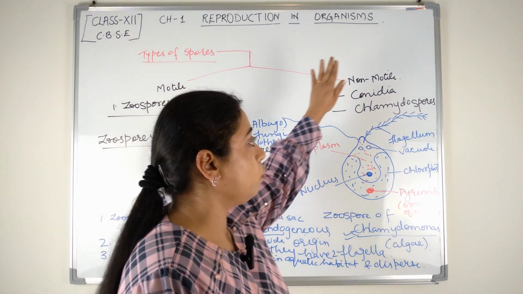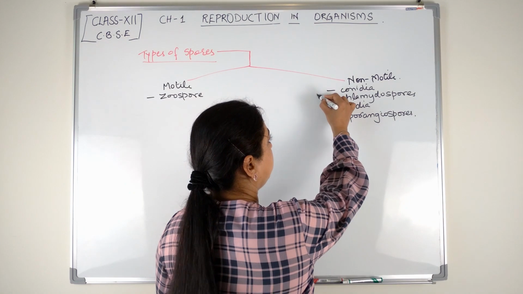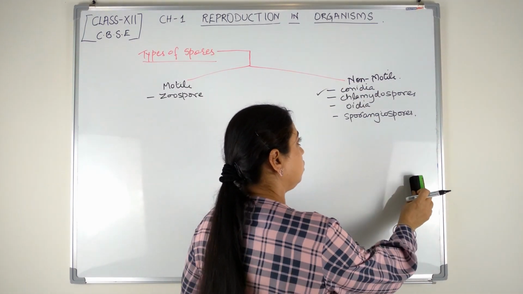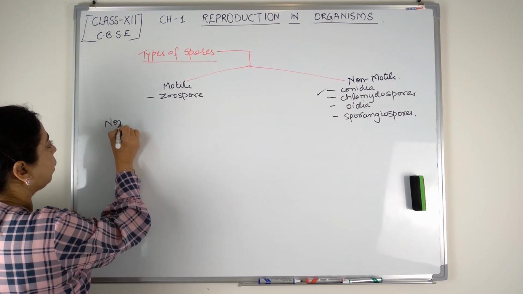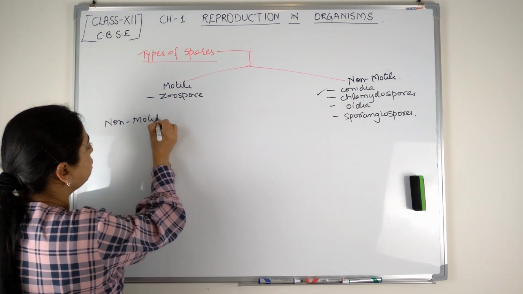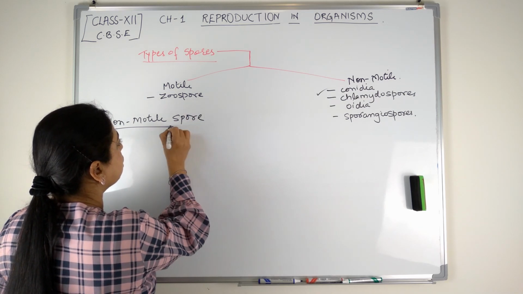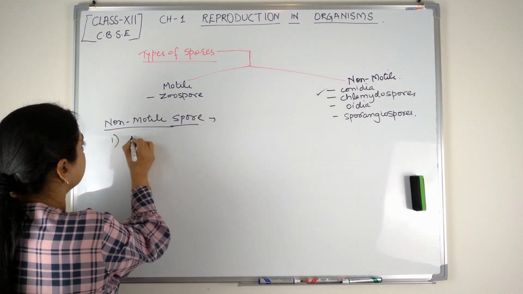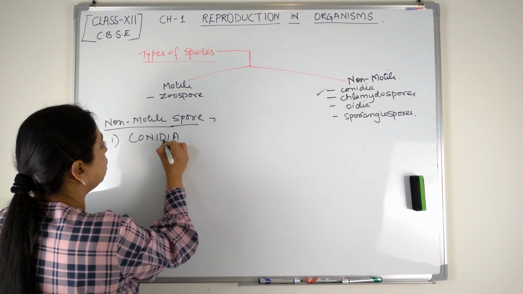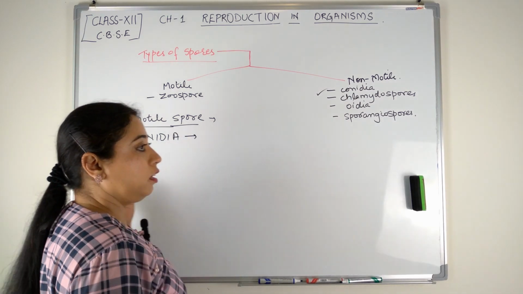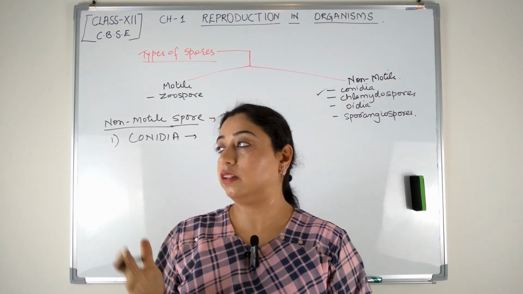Moving on to the non-motile spores. Let's talk about the first non-motile spore, that is conidia. As the name says, it's a non-motile spore, so there won't be any flagella present in them.